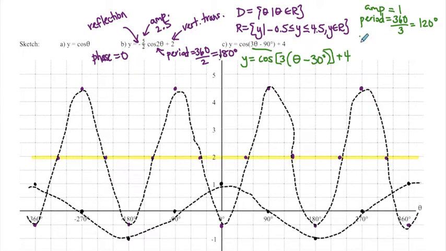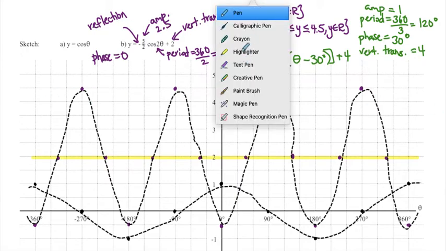And we have a phase shift. It's the opposite, so we're going to move it to the right 30 degrees. And we have a vertical translation of 4 units. So this is going to move our central axis to the 4, right up there.